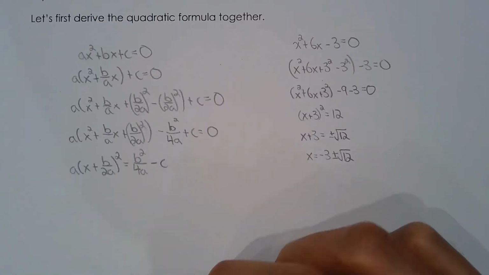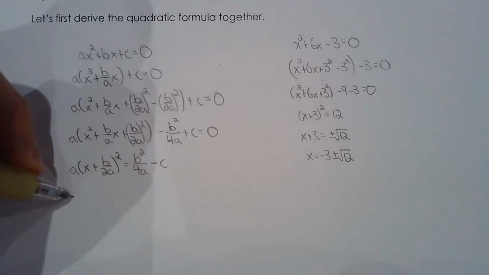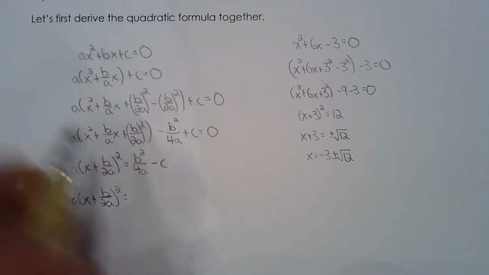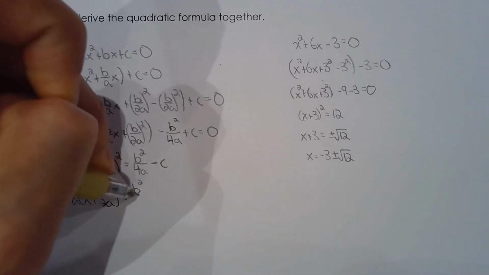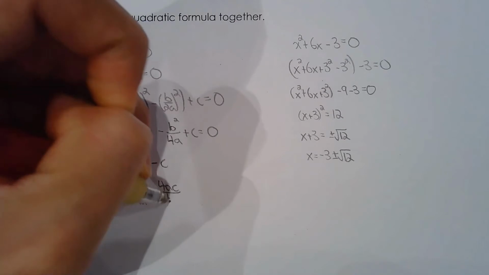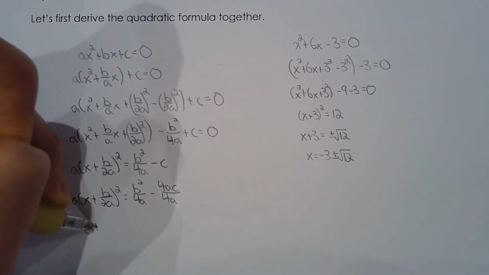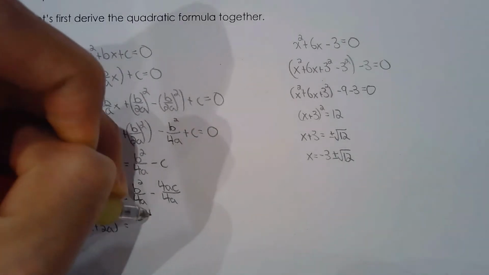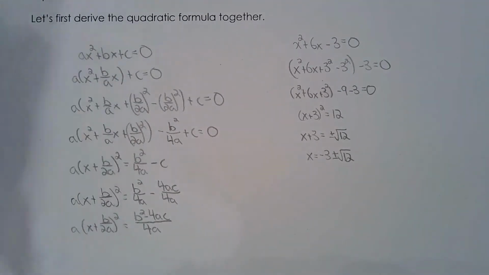All right, we're almost there. As I'm going to simplify the right side a little, so I have a common denominator of 4a, so this would be 4a or minus 4ac over 4a, and divide both sides by a. Almost there.